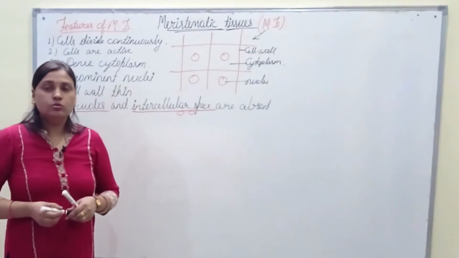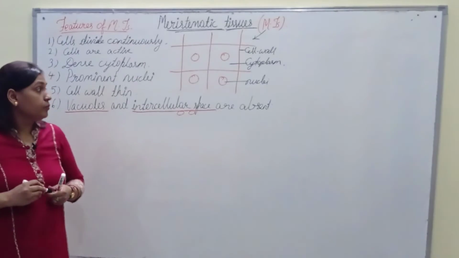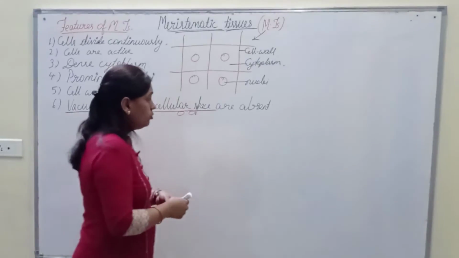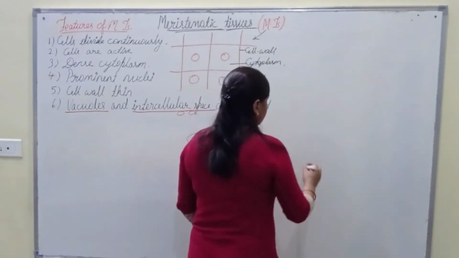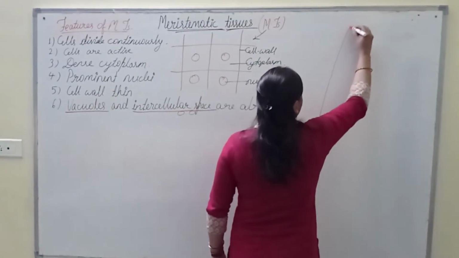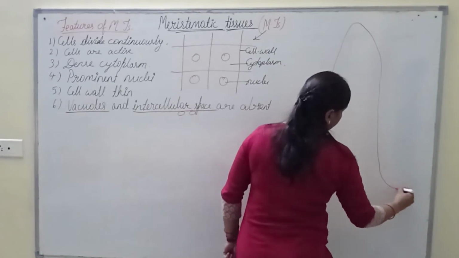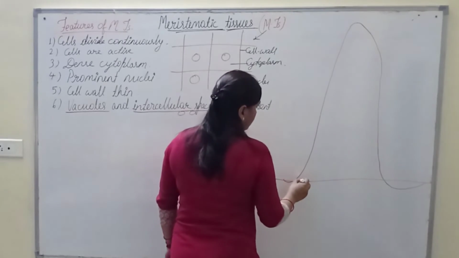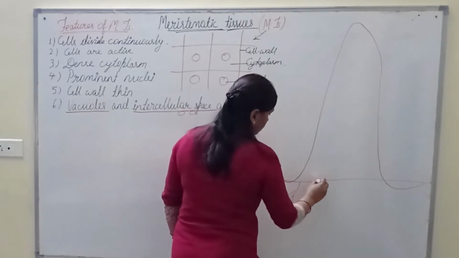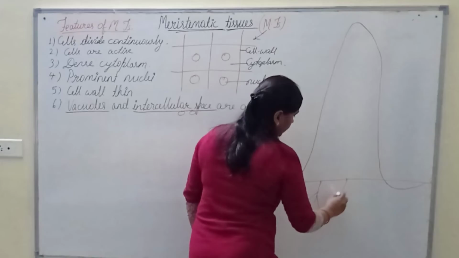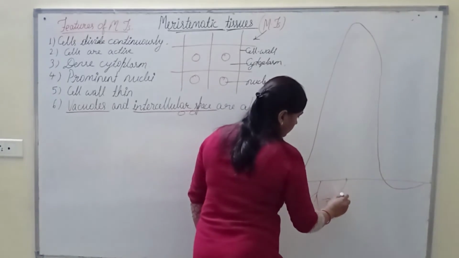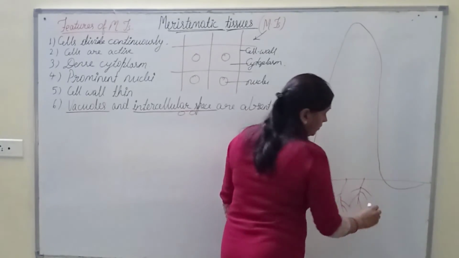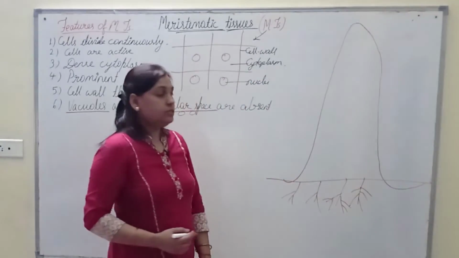Now on the basis of location, meristematic tissues are divided into three. Suppose we have a plant. The plant is divided into root and shoot system.